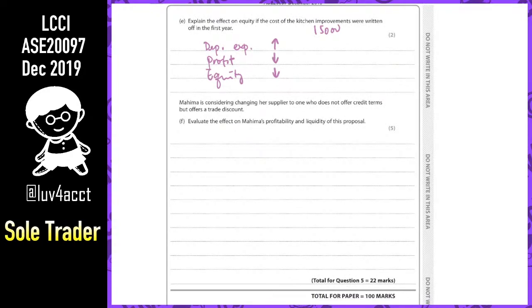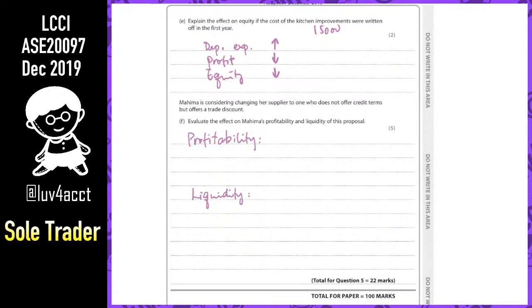In this case, I will not break it into for and against. I will break it into 2 parts. One will be profitability, and one part will be liquidity.